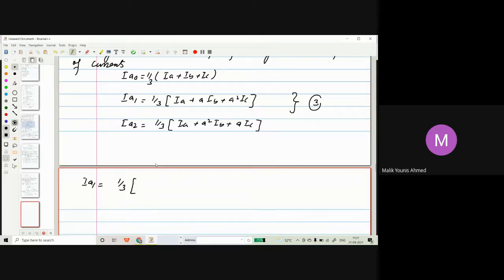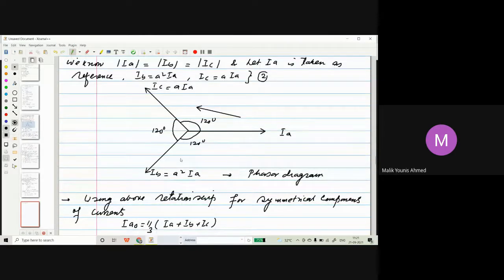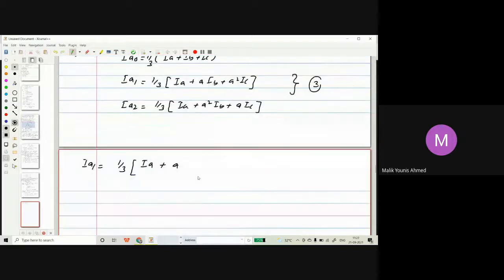Instead of IA, I will write the same thing, no change, plus, instead of IB, I will write A square IA. And similarly, A square IC will be written as A IA. Here 1 by 3 IA plus A cube IA plus A cube IA.